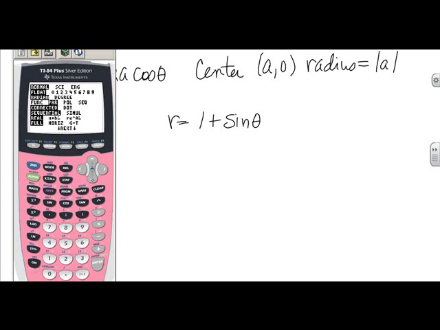The third option is polar. Now when you press y equals, you get r1, r2, r3, and we'll simply type in 1 plus sine of theta. Now you get theta the same way you get x when you're working with functions and t when you're working with parametrics.